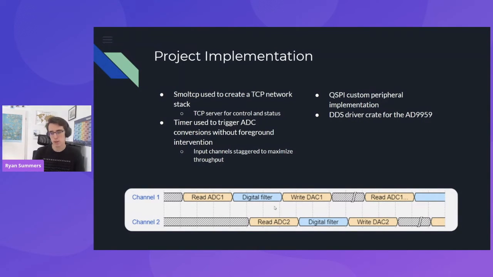Then we could focus on just implementing. Now we have a TCP port that we can open up and bind to. We implemented a server sitting on top of that, using RTIC, that just passes JSON back and forth so that the user can send in a request that says, hey, can you modify the channel 1 output frequency from 500 megahertz to 400 megahertz? And then we can pass that all the way up the stack to actually configuring the DDS chip itself.